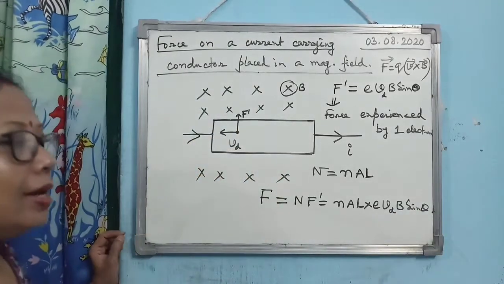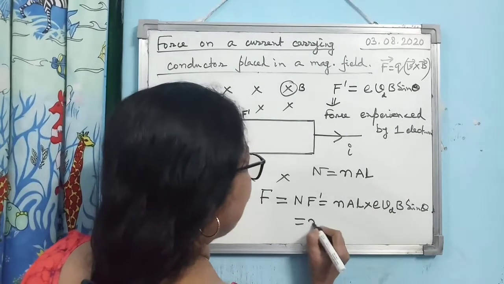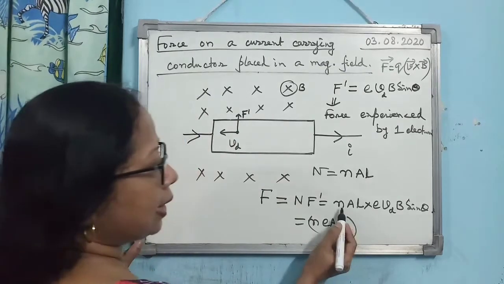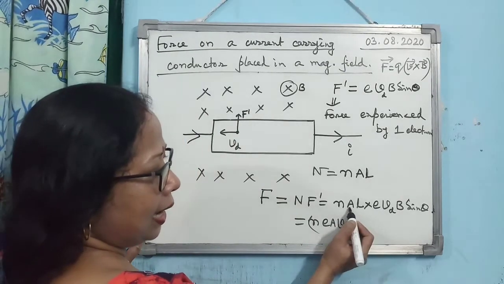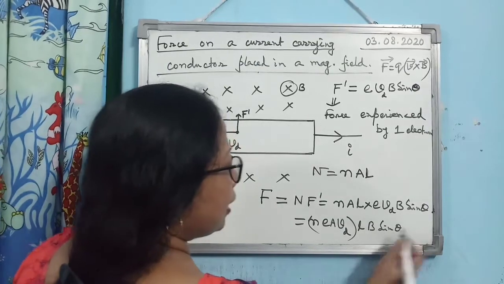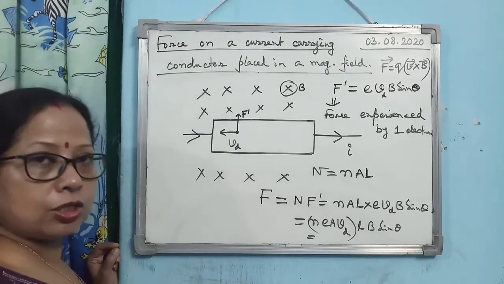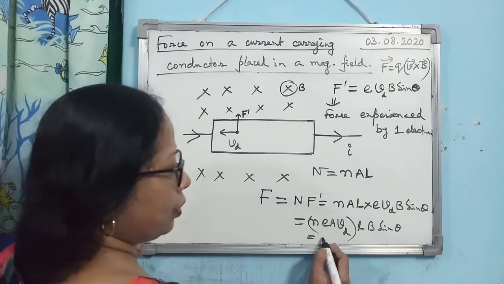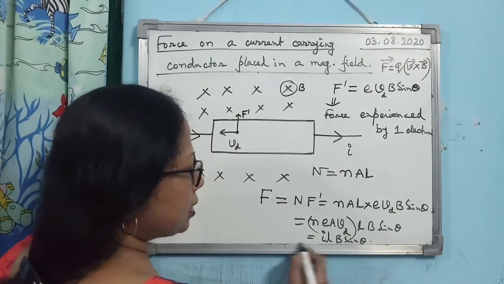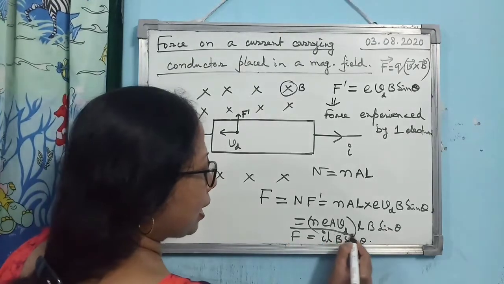Is that clear? Now you see, I hope you can remember N E A VD. You can write it together, N E A VD, and what is left? L and B. So according to the concept of drift velocity, I hope you can remember N E A VD is nothing but the current. So what are you getting? What is the force experienced by the conductor?